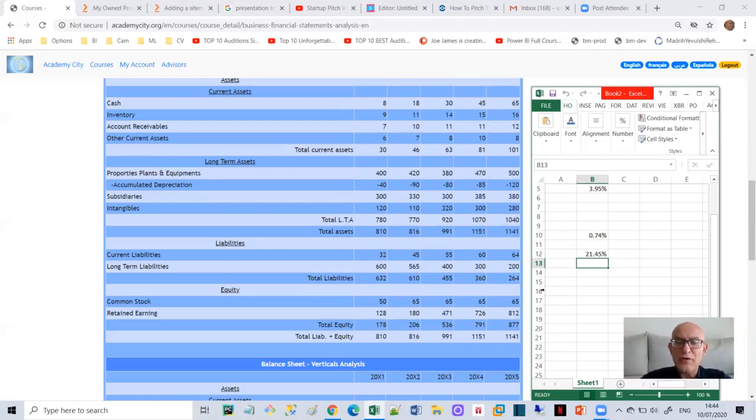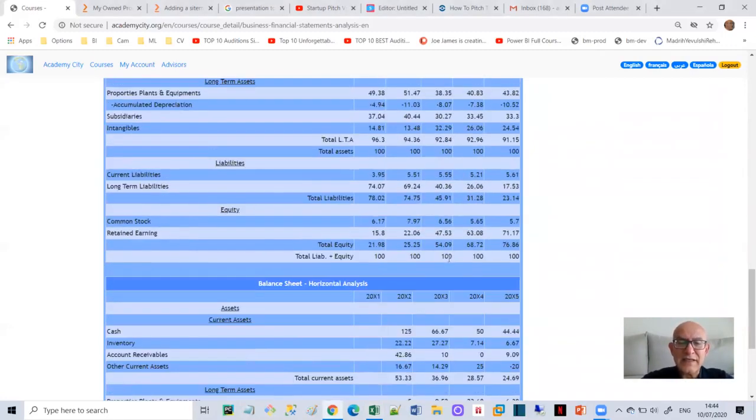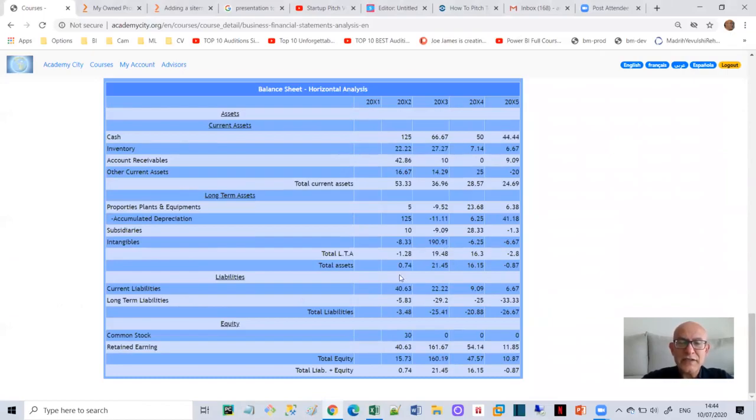I got 21.45, and that's exactly what we see here in this simulator. So we learned how to calculate percentage change in every account from one year to another. No surprise, we don't have any numbers for 2001 because we don't have the numbers for 2000. Therefore, we're losing this column.